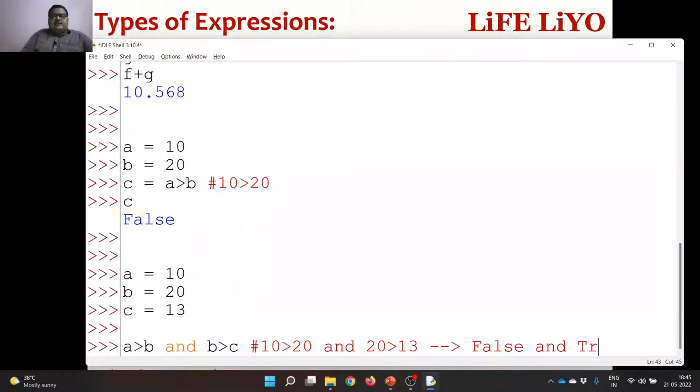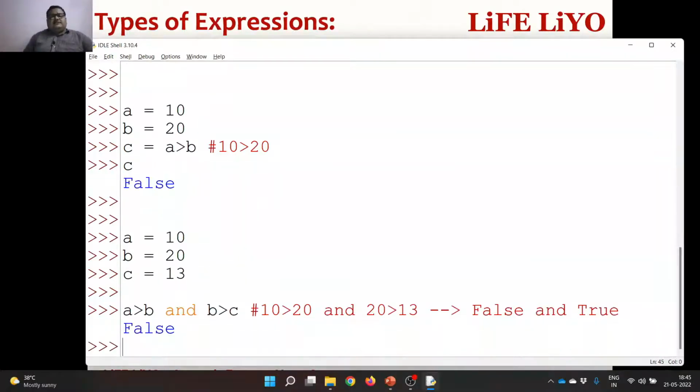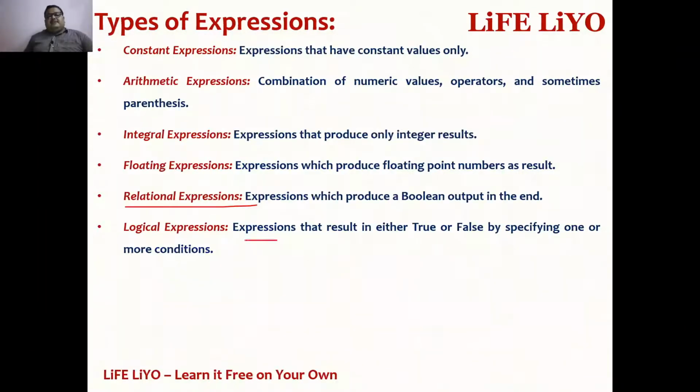So false and true is nothing but false. That means using a logical operator between two conditions, a minimum of two conditions, is called a logical expression, whose result is also either true or false.